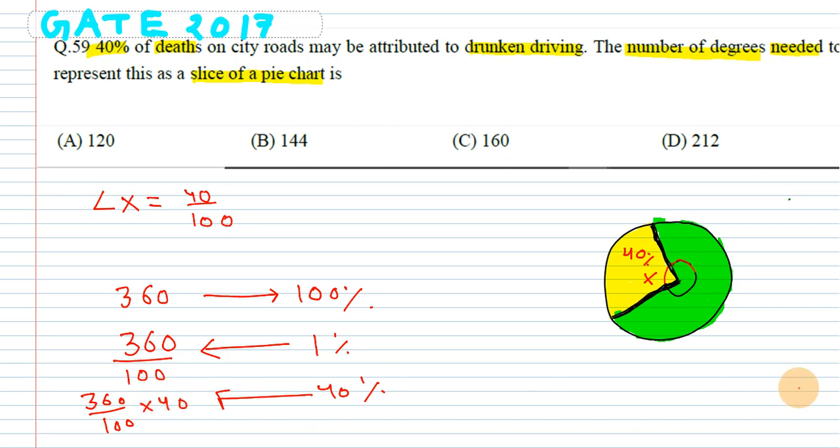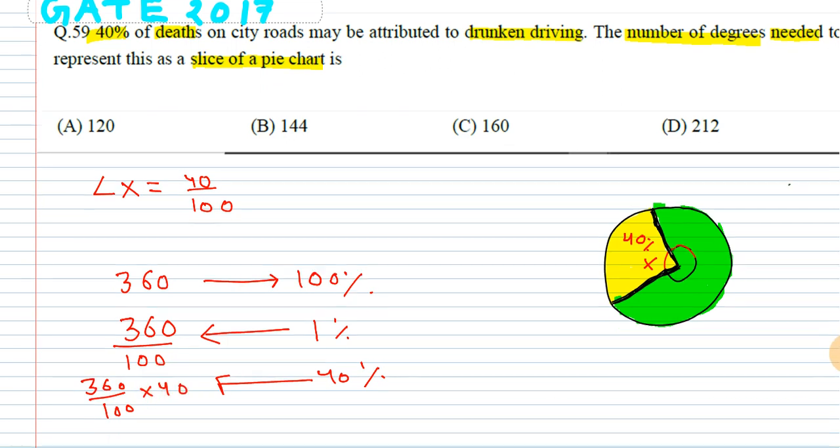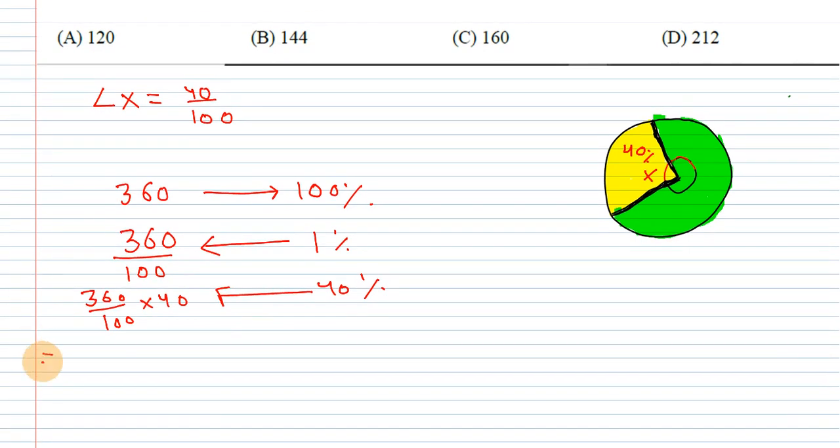If we solve this, how much will it come to? 360, let's cancel this. If we multiply 36 into 4, 4 sixes are 24, carry 2. 4 threes are 12, 12 plus 2 is 14. So angle x is coming to be 144 degrees.